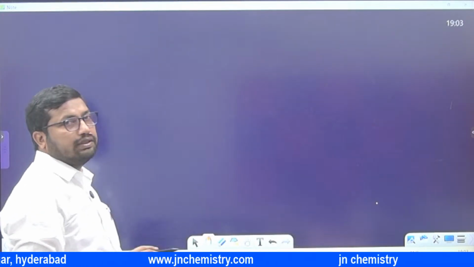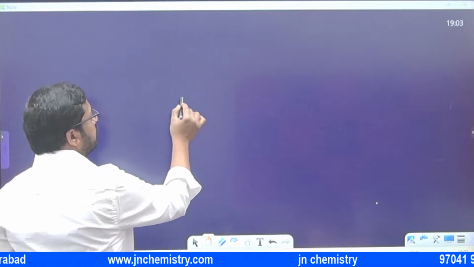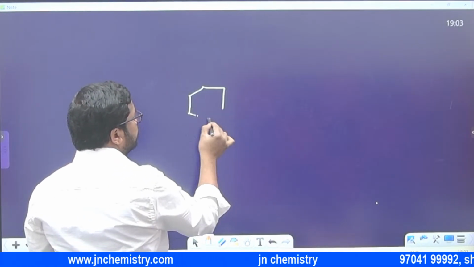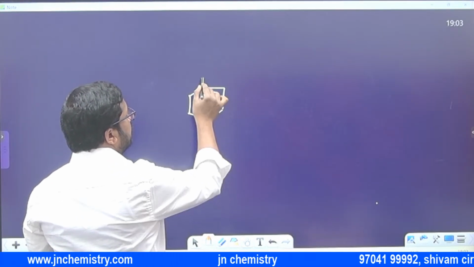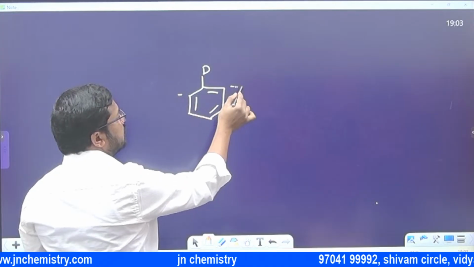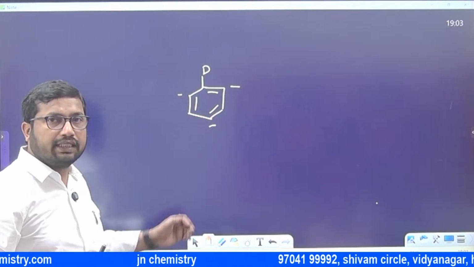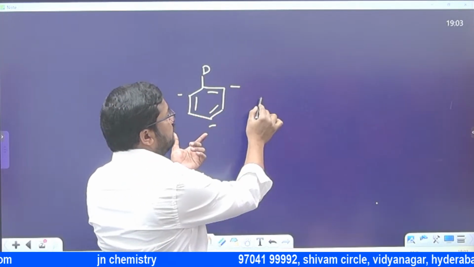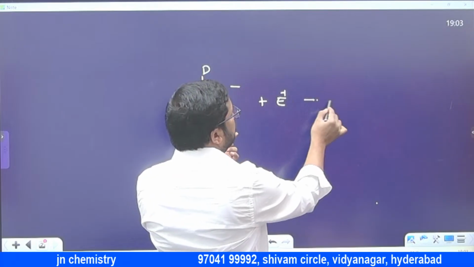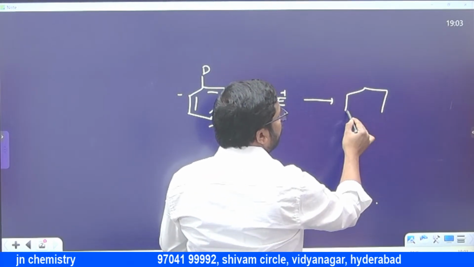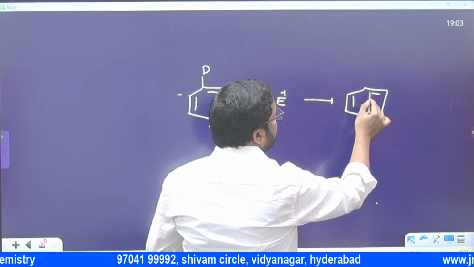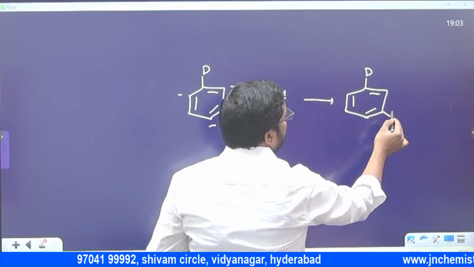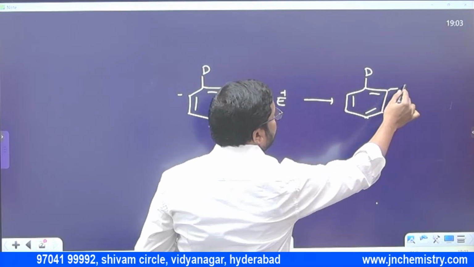So the main thing is that benzene undergoes electrophilic substitution. If any donating groups are there, at ortho and para positions there is negative charge, meaning electron density increases. So if the electrophile is attacking when the donating group is present, at which positions? Ortho and para positions.